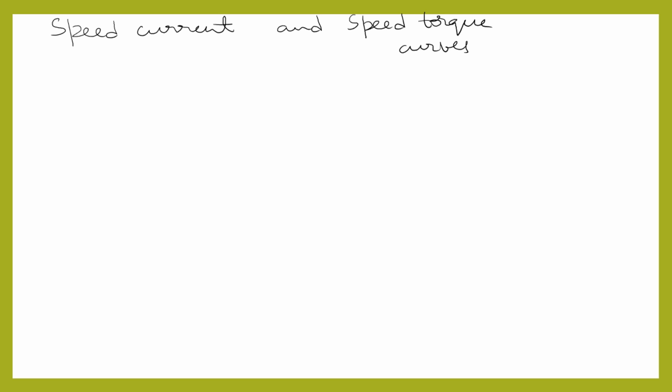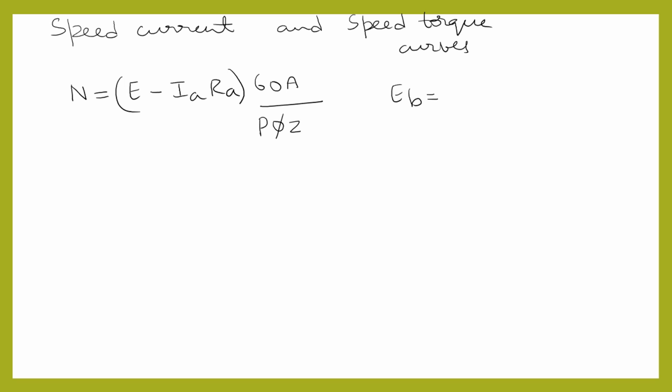For a DC motor, we have the equation N equal to E minus IaRa into 60A by P phi Z. This is got from the equation of Eb, that is P phi NZ by 60A, and substituting for Eb from the equation of E, that is E equal to Eb plus IaRa.